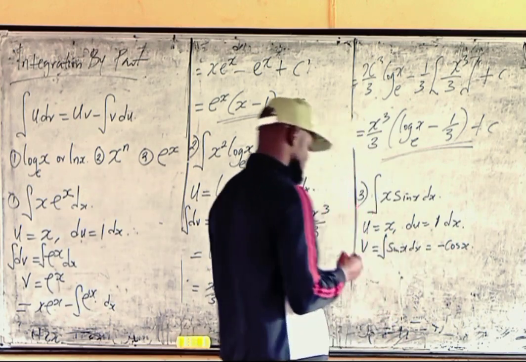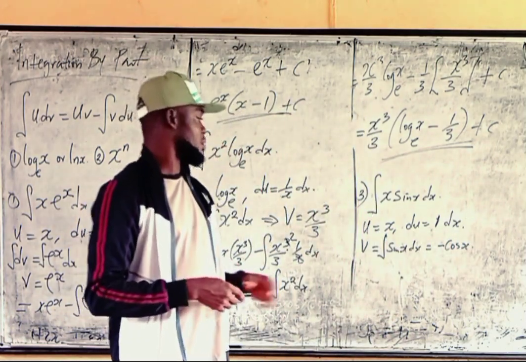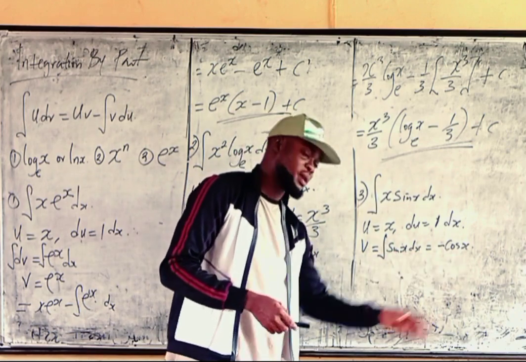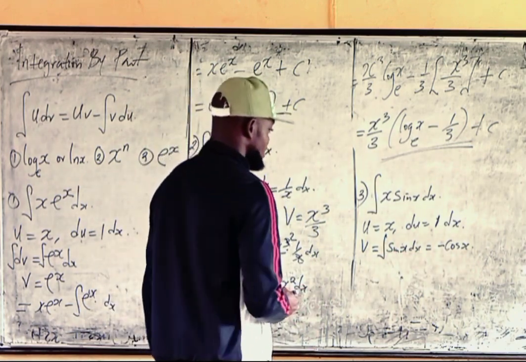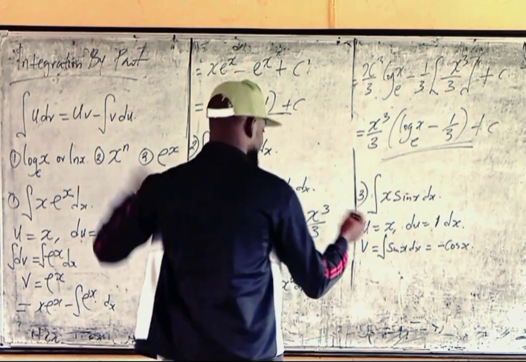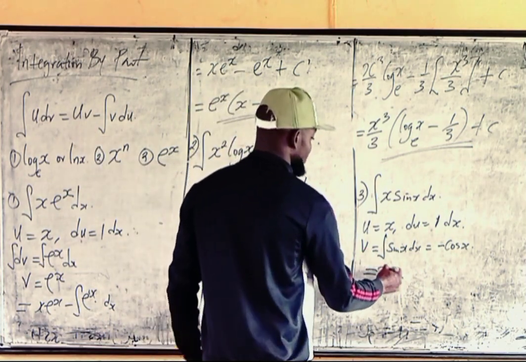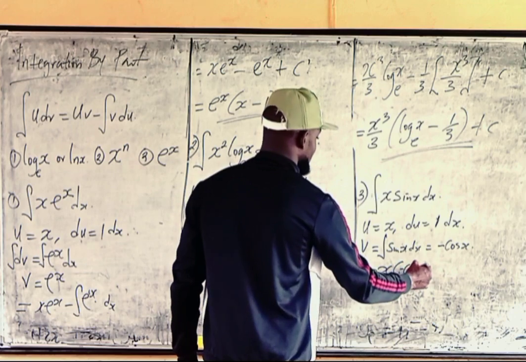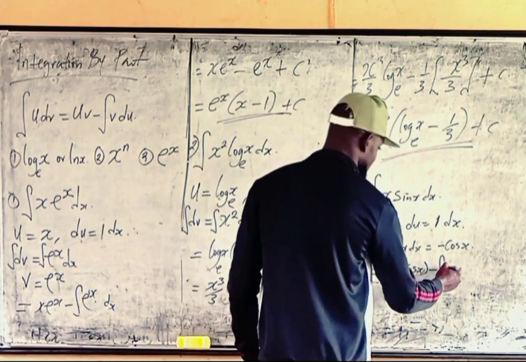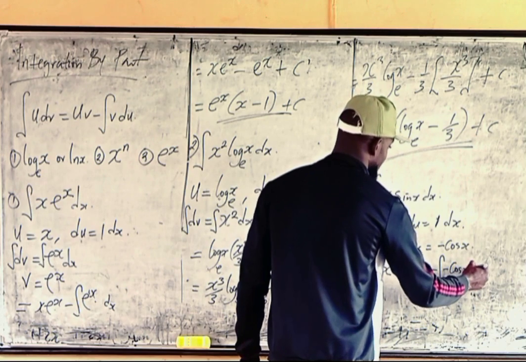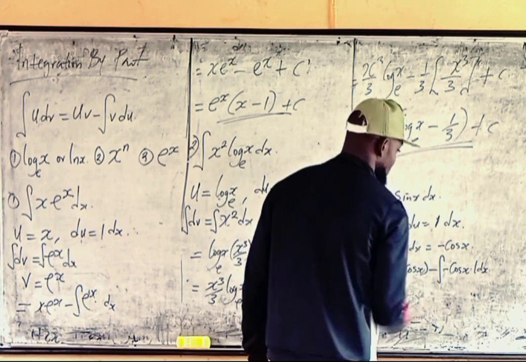If you integrate sine x, you have minus cos x. The next thing, apply this formula. You have uv. What is u? x. What is v? Minus cos x. Minus the integral of v du, which is minus cos x times 1 dx.